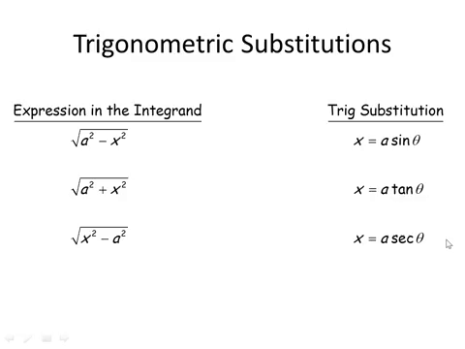Well, the top is what's on the board, so that's no big deal. The bottom, and you may want to make notes on this, just so you understand what's going on. Case 1 goes with x equals a sine theta. That goes with the very first one on the board.